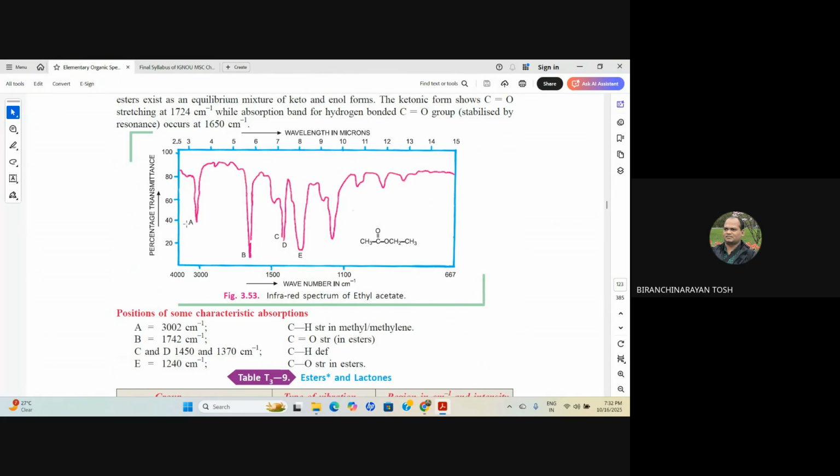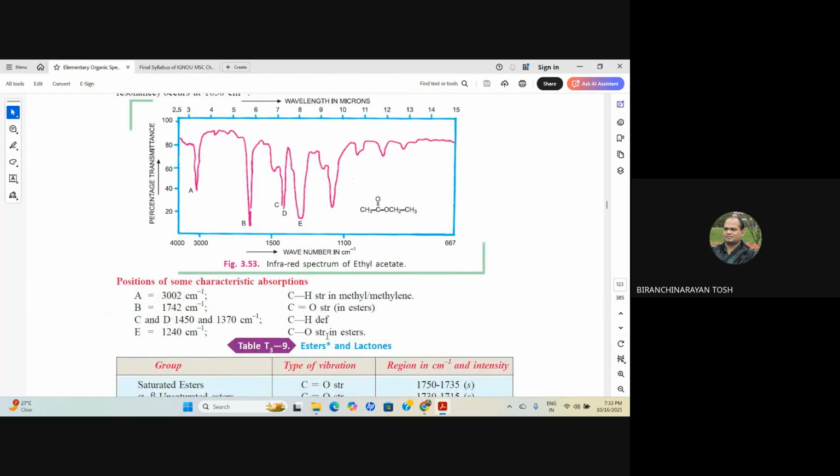Moreover, the CH stretching of the methylene group: as the more electronegative oxygen is attached to this methylene group, it moves towards higher frequency. 2900 is shifted to 3000, and the rest is okay. CH deformation and CO stretching give a new peak.